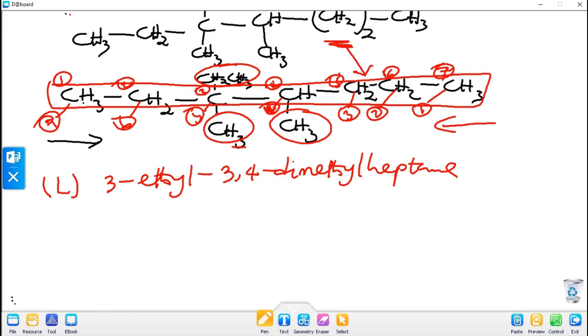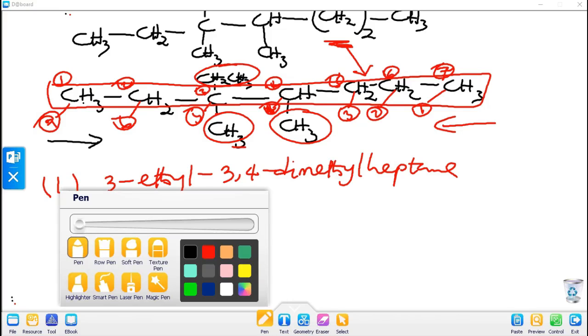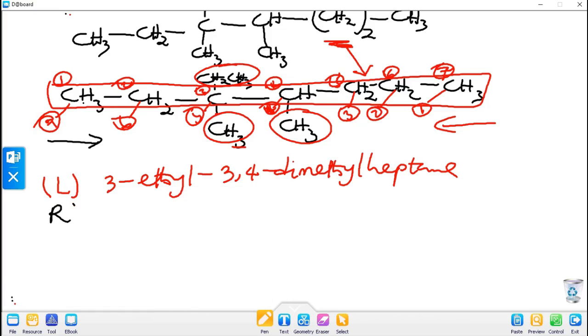So, if we choose to come from the right hand side, what it simply implies is that the first methyl will fall under carbon 4. The second methyl will also fall under carbon 5. Equally, the ethyl falls under carbon 5.